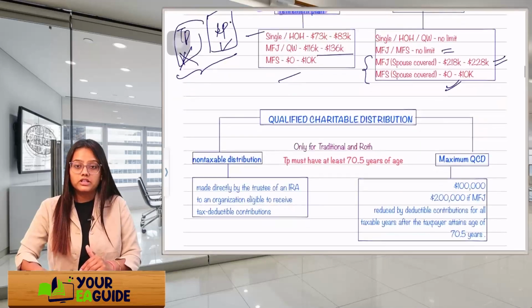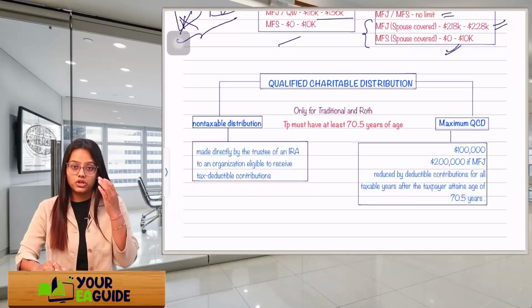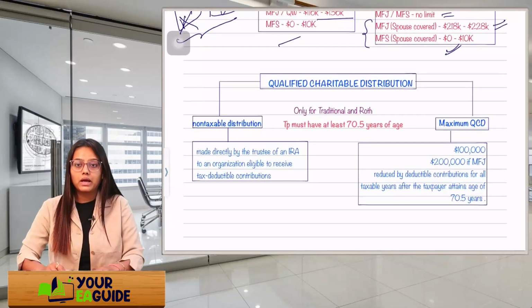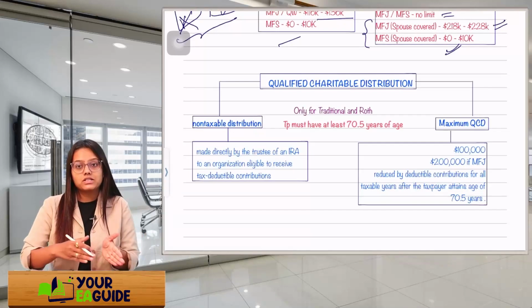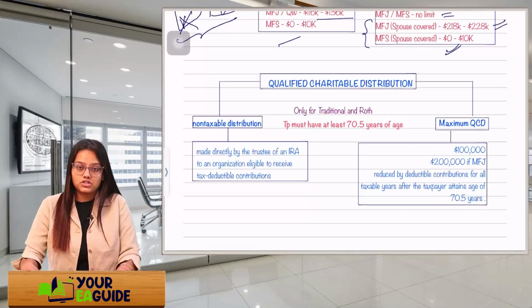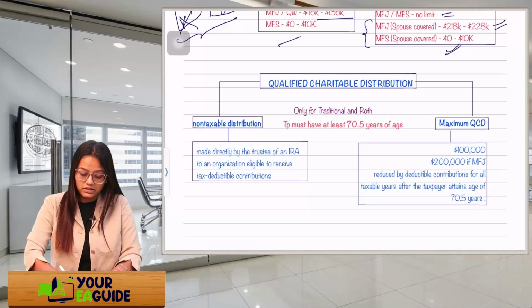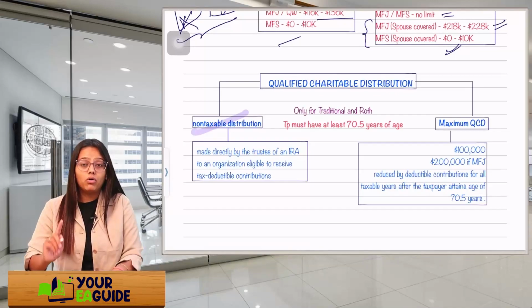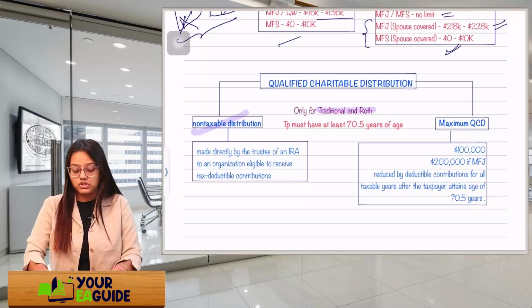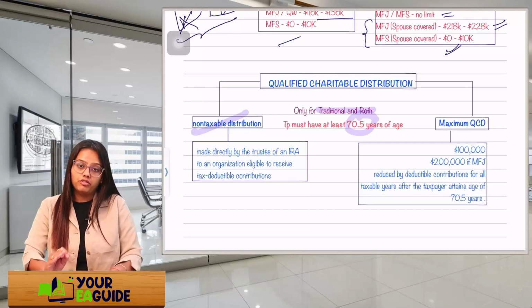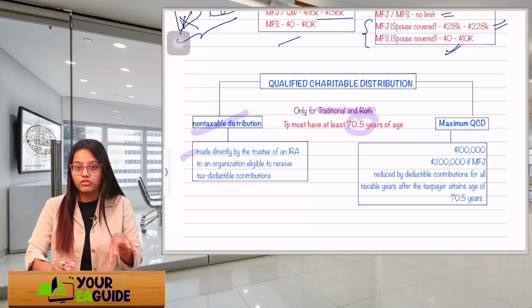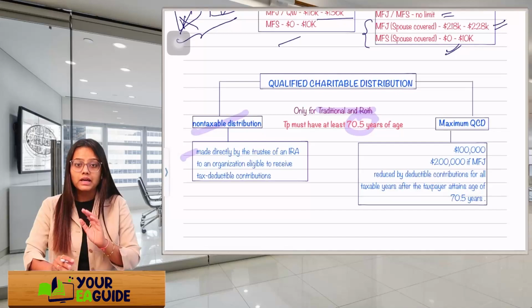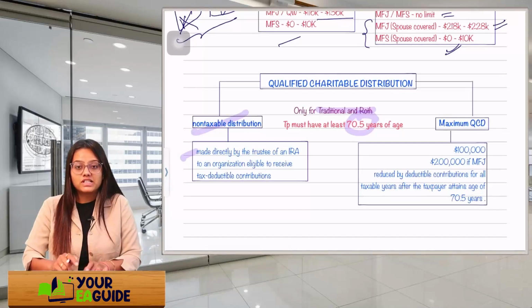Okay. Next one is qualified charitable distribution. You can put aside some amount for charitable distribution, and that will be considered non-taxable. But this is applicable only for traditional and Roth, plus the taxpayer should be at least 70.5 years of age. It will be non-taxable if the amount from the IRA account is distributed directly by the trustee of the IRA.